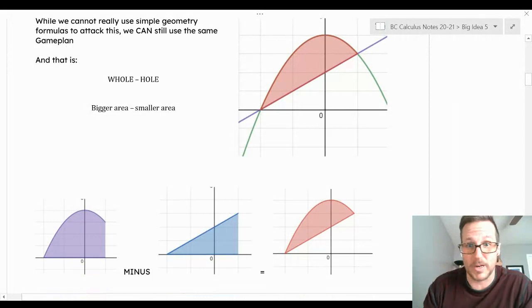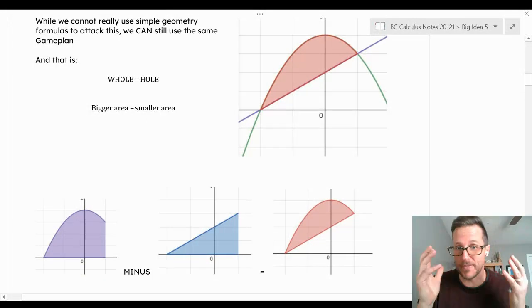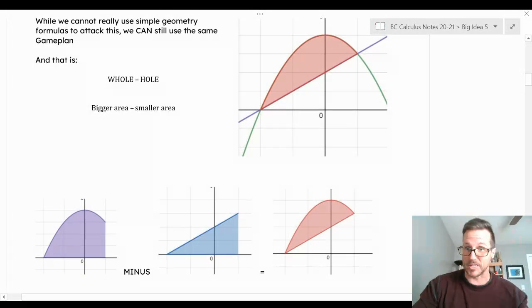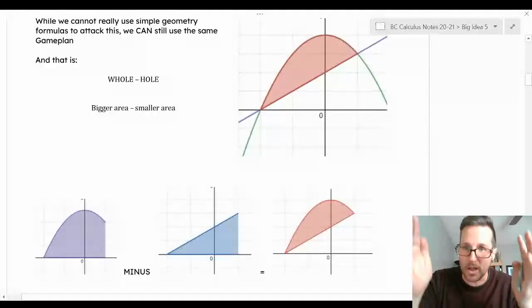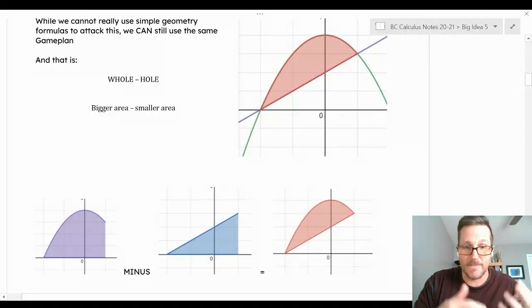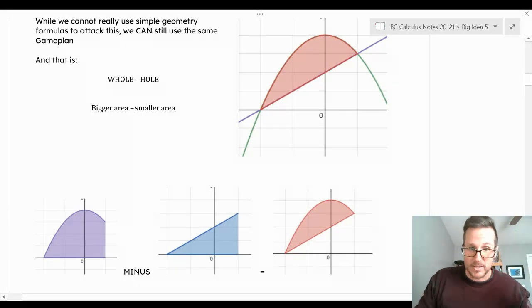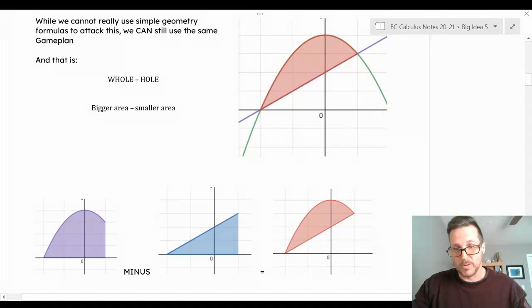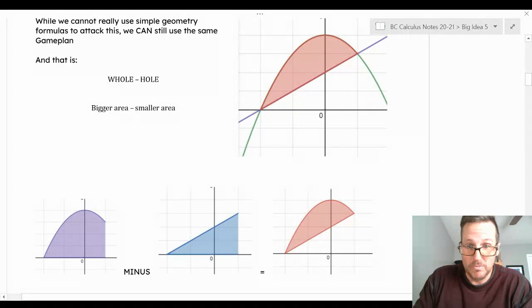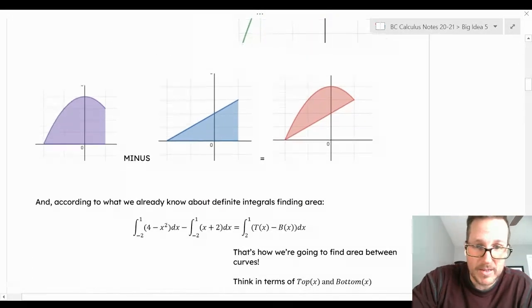So the plan is this: to find the area of the red region, between the two intersections, we find the area under the parabola, then the area under the line, and subtract the bigger area minus the smaller area. That will be the resultant region that we want. We can do that using definite integrals.